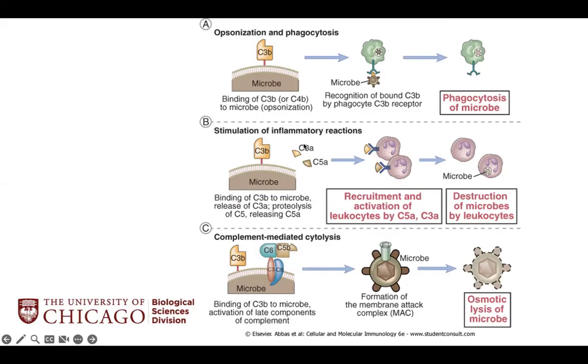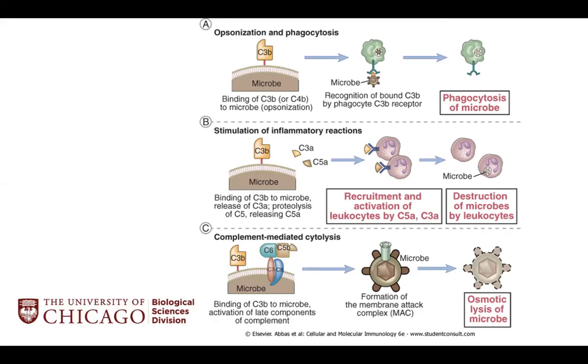These are from these little pieces, these anaphylatoxins C3a and C5a, that get discarded when C3 is turned into C3b. This will both recruit and activate leukocytes, and it upregulates the ability of leukocytes to destroy microbes.